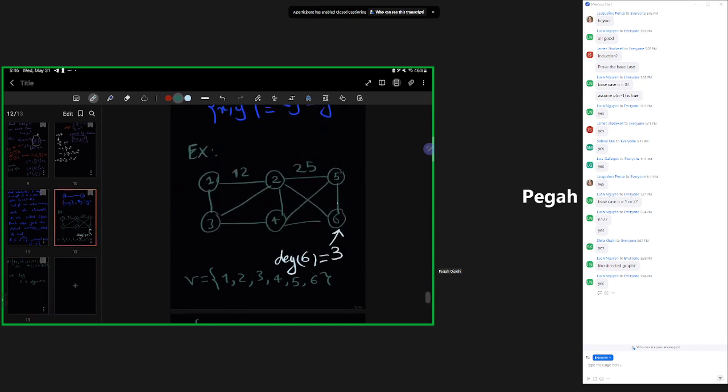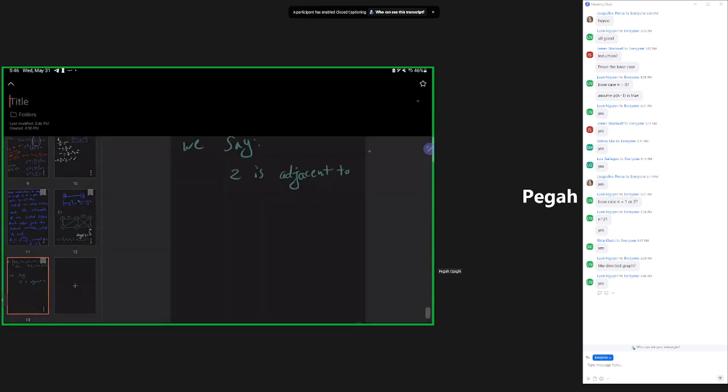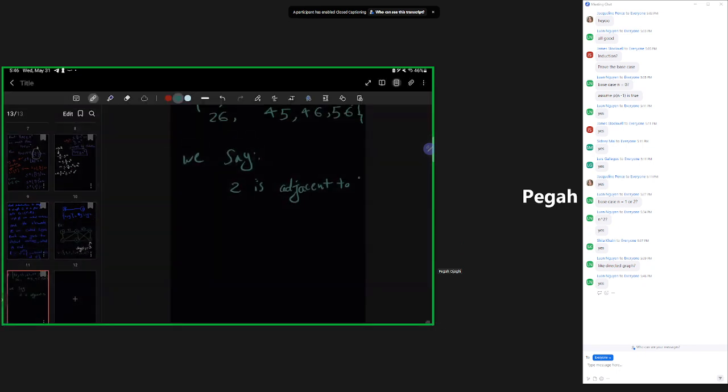For example, 2 is adjacent to 3, 4, and 5. Let's say it's adjacent to 5, because 5 is a neighbor of 2. And for example, we say edge 2, 5 joins 2 to 5. That's another term that we use.